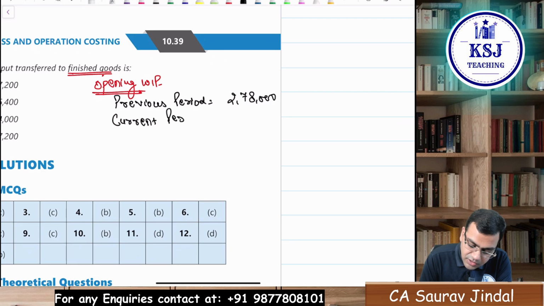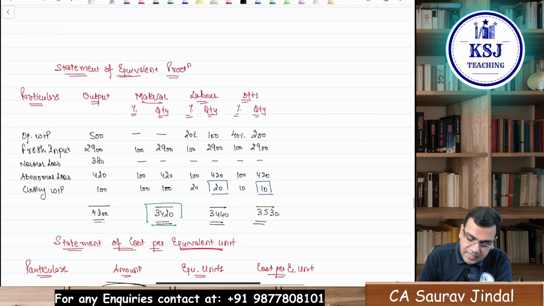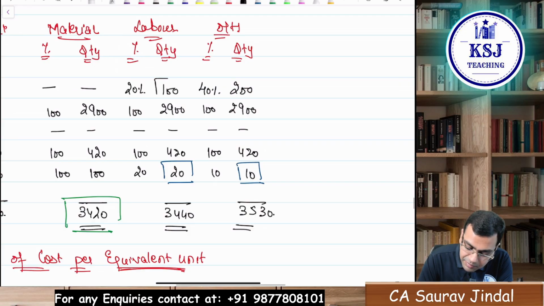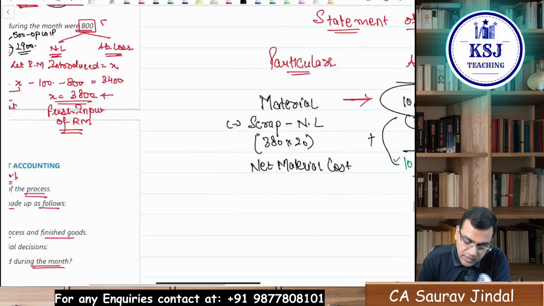What is that cost incurred in the current period? In the current period, the cost is incurred related to labor and overheads. That is this equivalent 100 units and 200 units.